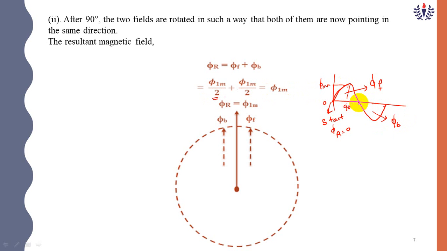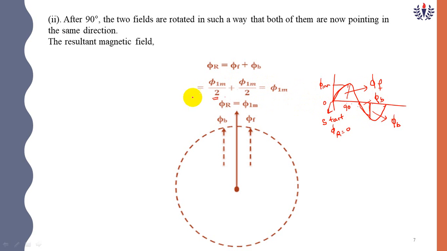From 90 to the other half, to 180 degrees, this portion is phi b, phi f and phi b. Do you understand my point? 0, 90, plus 180 degrees, plus 90. You can consider this also 0, this also 90. So in forward you take 0 to 90 and get phi 1m by 2. In backward also you take 90 degrees, phi 1m by 2.